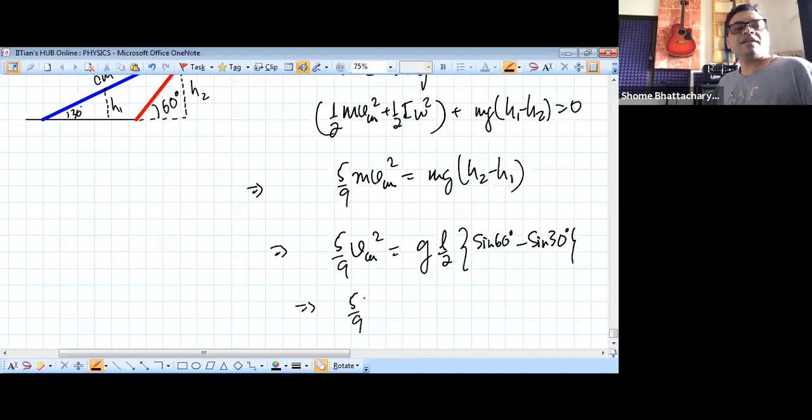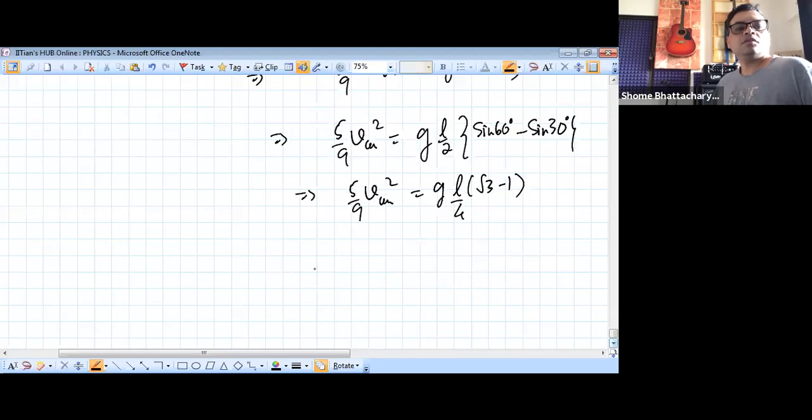So 5 by 9 VCM square should be gL by 4 into (root 3 minus 1). So VCM comes out to be 3 by 2 times the square root of gL (root 3 minus 1) by 5.